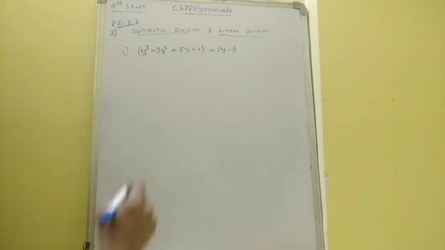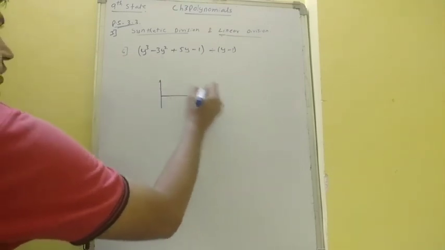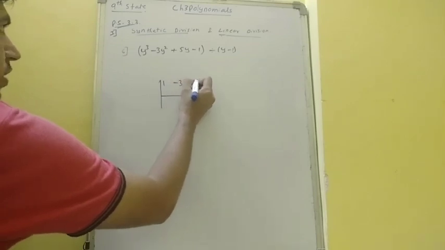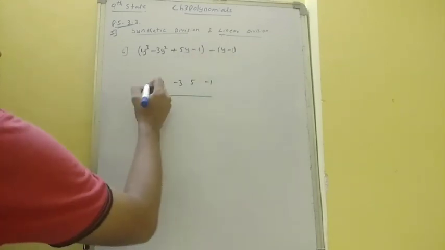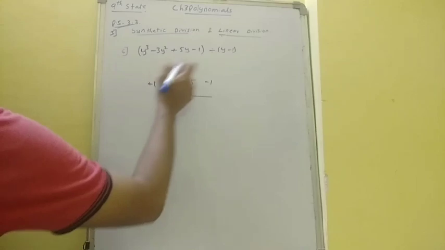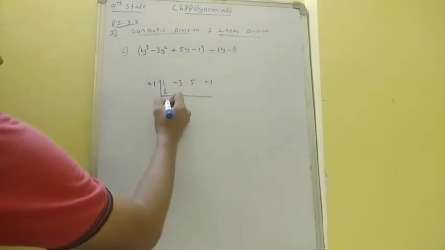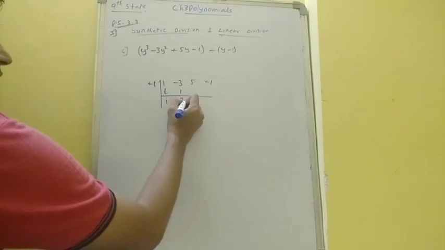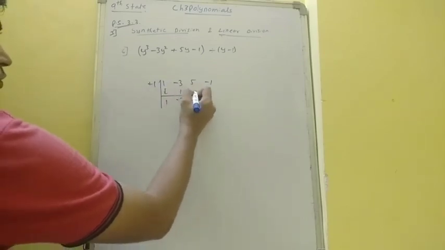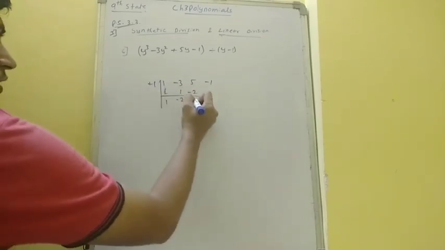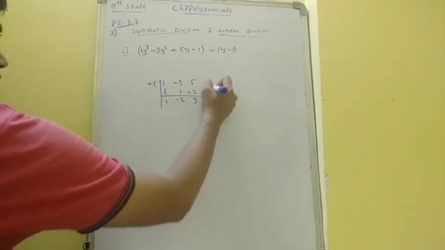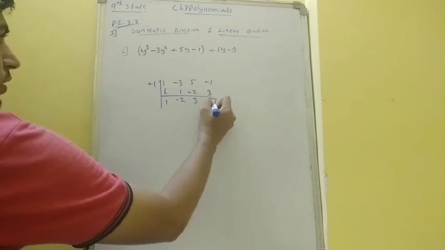In the next one we will just directly write it in the coefficient form. That is the easier one. 1 minus 3 5 and minus 1 divided by minus 1, so it will be plus 1. Okay, 1 as it is. So 1 1s are 1, minus 3 plus 1 is minus 2, 1 2s are 2, so minus 2 as it was minus 10, 5 minus 2 it is 3, 1 3s are 3 and we have 2 over here.